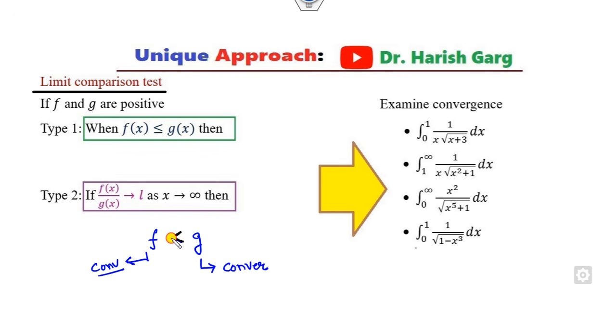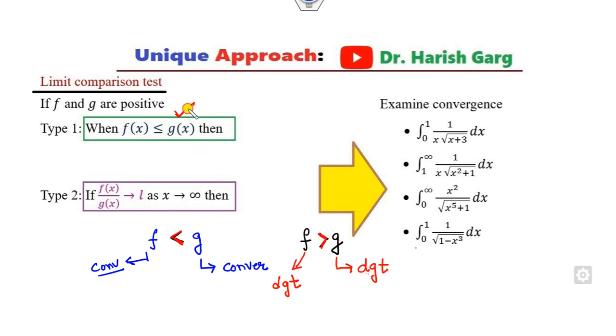Whenever you take a less than sign, you always need a convergent here. On the other hand, if you prove f is greater than g, then this should be divergent, then only this is divergent. Always remember, when you consider a greater than sign, this value must be divergent. Whenever you consider the less than sign, you always consider it to be convergent.